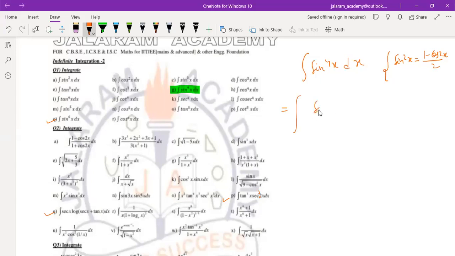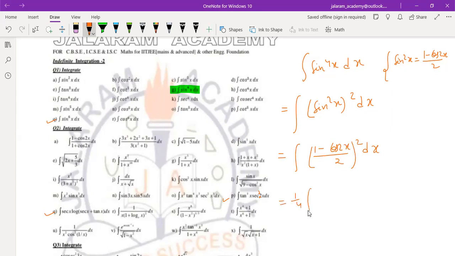So sine to the power 4x is written as sine square x whole square dx, and then this sine square x becomes 1 minus cos 2x upon 2 whole square dx.